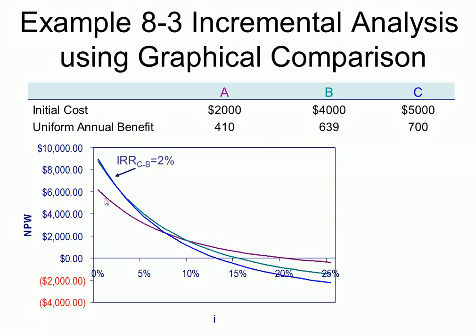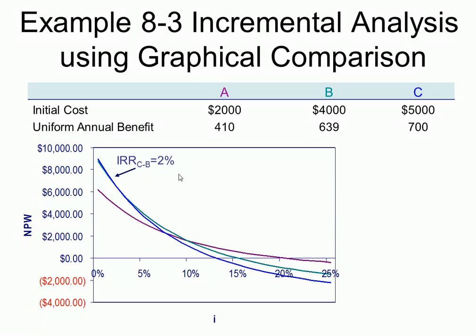The lowest initial cost is right here, this is alternative A. Then we have the medium initial cost right here, in turquoise, that's B, for those of you that can see colors. And then the blue, that's C, the highest initial cost alternative.